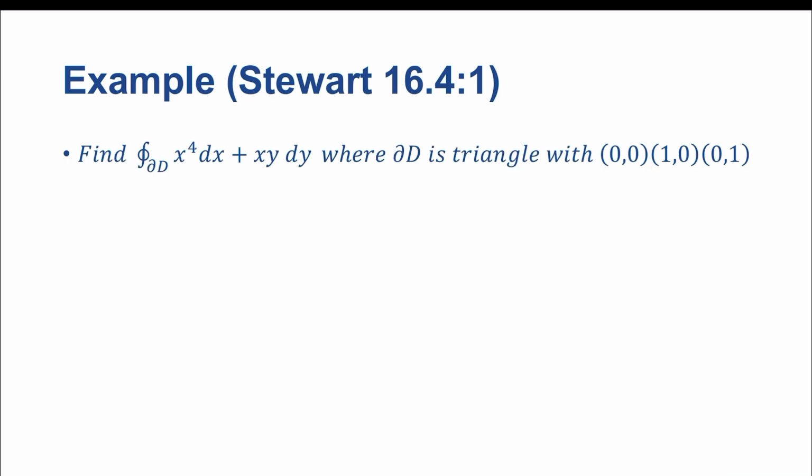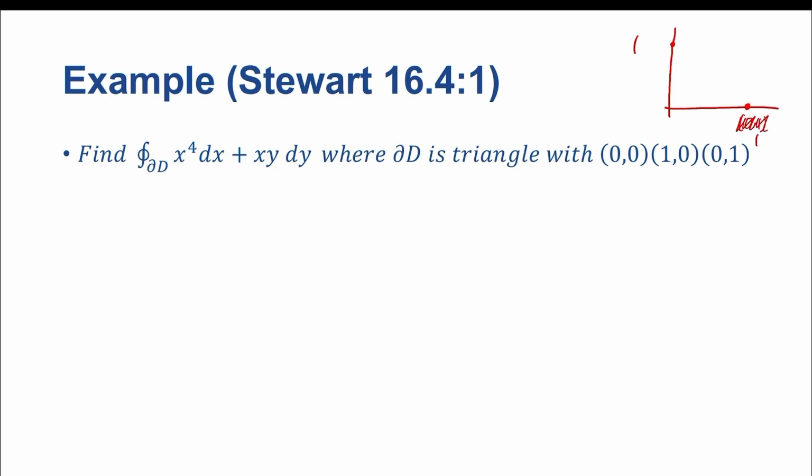Find the contour integral over the domain D of x to the fourth dx plus xy dy. And the domain is going to be a triangle with vertices at the origin, 1, 0, and 0, 1. So we have 0, 1 here, and we have 1, 0. Oh, wait, no, sorry.